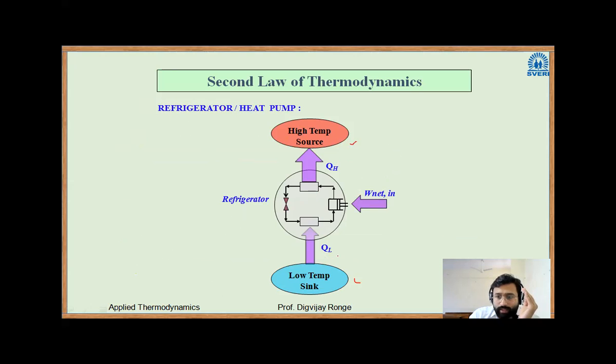It will extract heat from the sink and supply some heat to the source, and there will be some work input. So this diagram is the same for a refrigerator and a heat pump. What is the difference? Does anybody remember from their diploma?